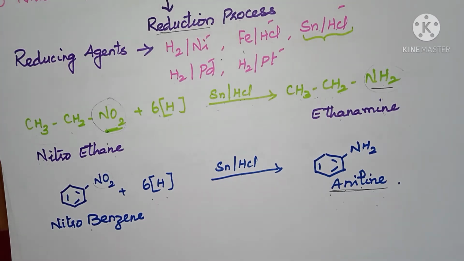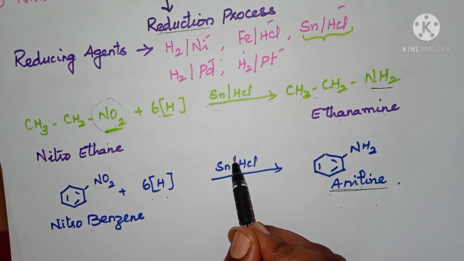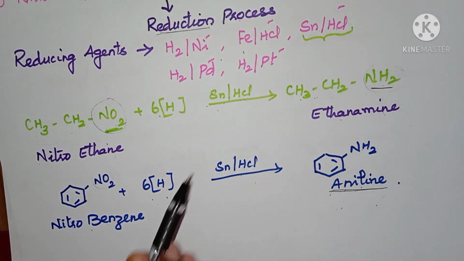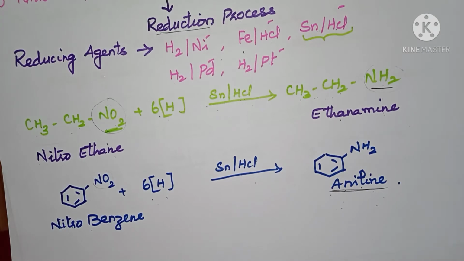Only the functional group changes. The nitro group changes to the amine group. Hope you got this process. From a nitro compound, how do we get the amine? They may ask that question. It undergoes a reduction process. Remember this. Next one.